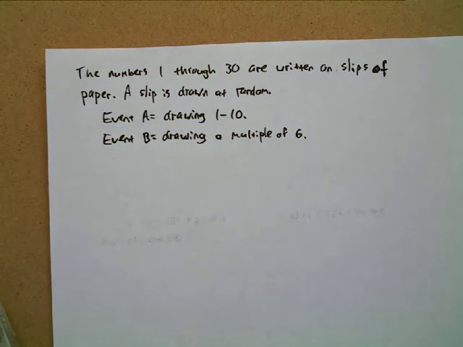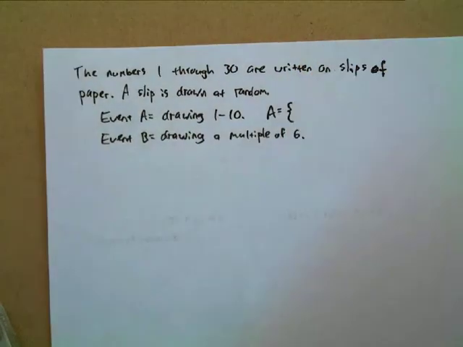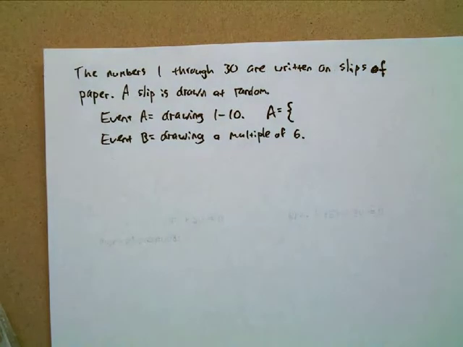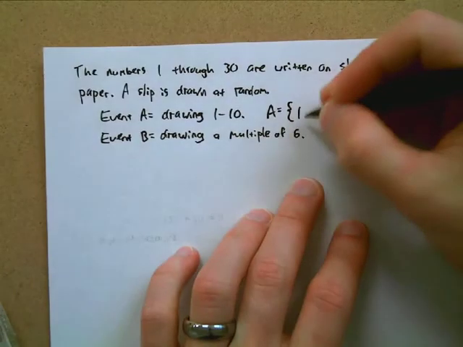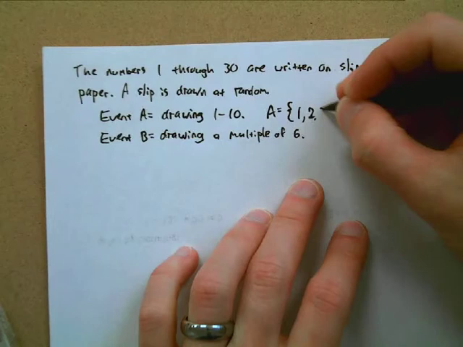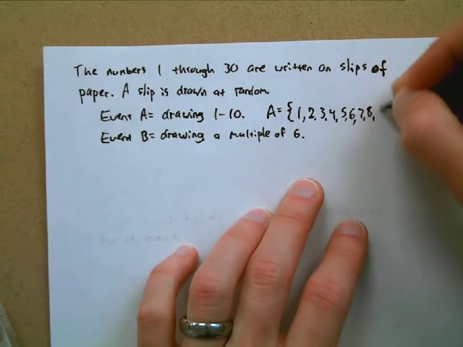So, what are the elements of set A going to be? Event A is drawing a 1 through 10. So what elements are going to be in set A? The numbers 1 through 10. So 1, 2, 3, 4, 5, 6, 7, 8, 9, 10.